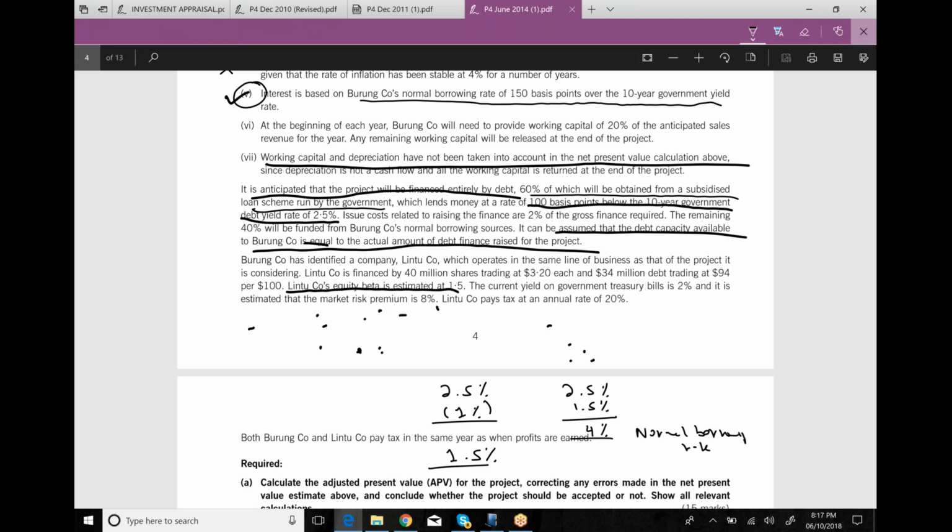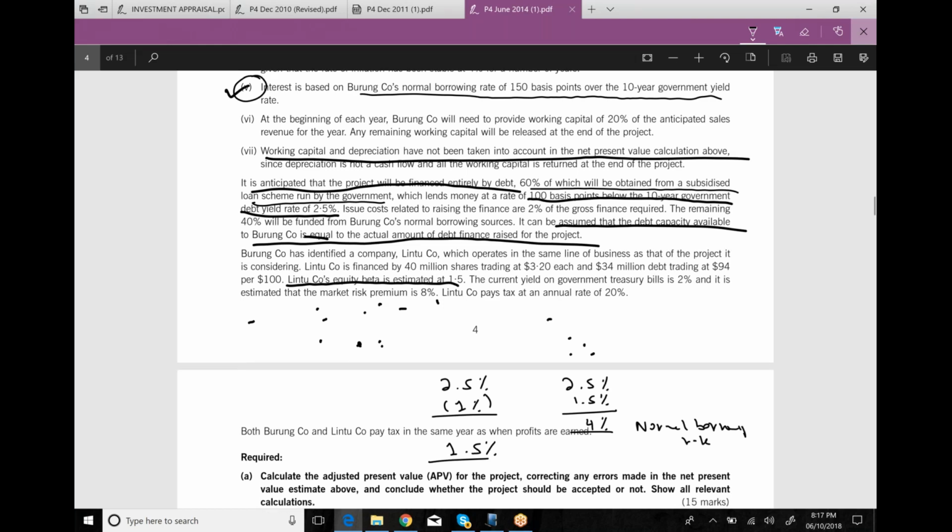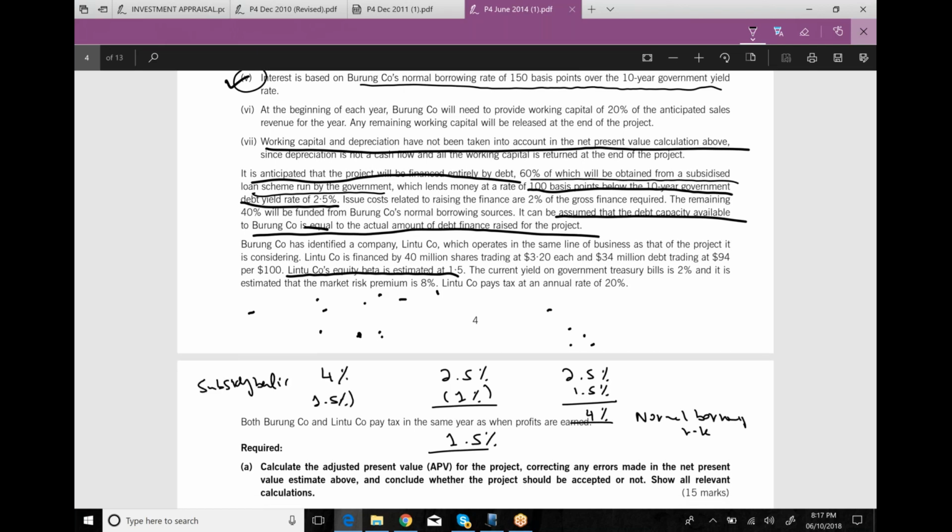So my subsidy benefit will be: my normal borrowing rate is 4%, and the government has given me the loan at 1.5%. So I'm having a benefit of 2.5%, right? So this benefit is your subsidy benefit, 2.5%. Clear?